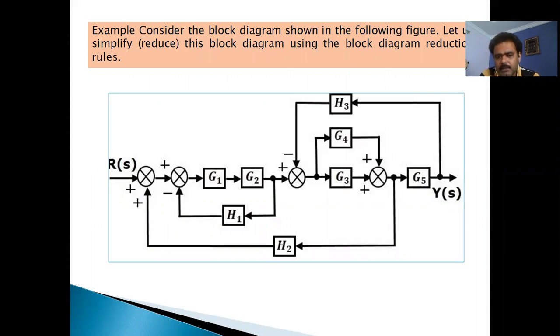If we can remember those first 7 formulas, we can reduce this complex block diagram into a single block. But it takes a little bit of time initially. Once we practice this, within hardly 5 to 10 minutes, we can reduce the entire block diagram into a single block. Just draw this figure.